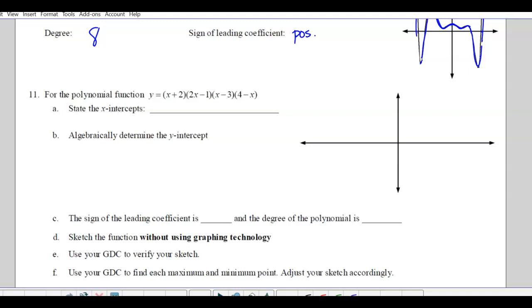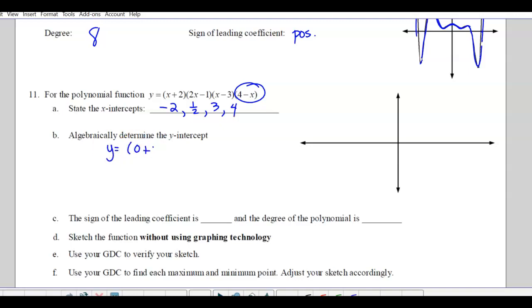This one's factored, state the x-intercepts. Careful on this one. It switched around, but it's going to be 4. Algebraically determine the y-intercept.